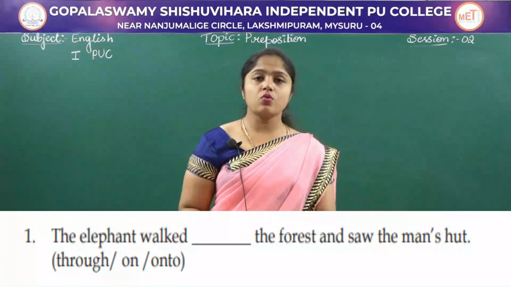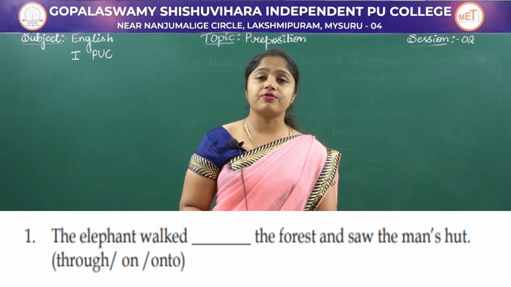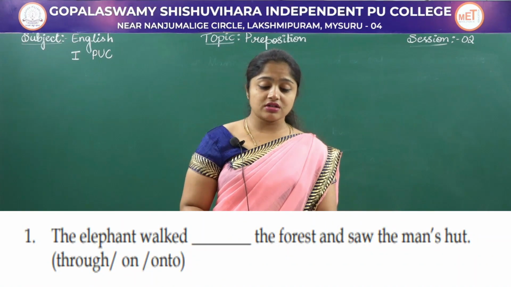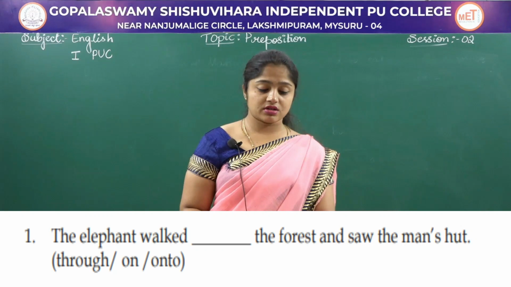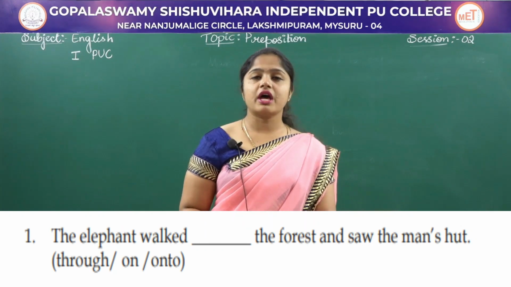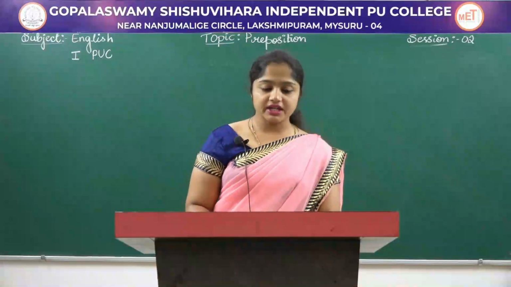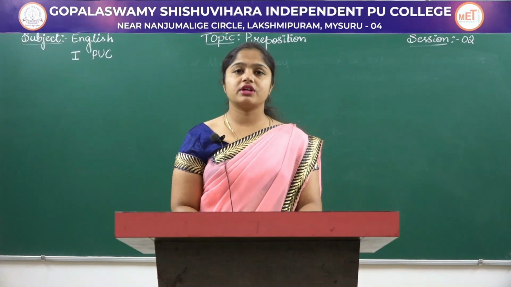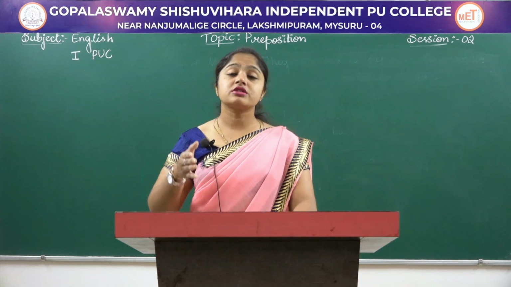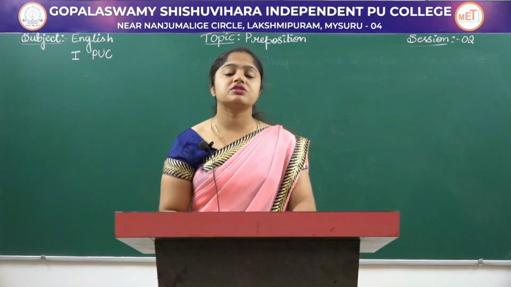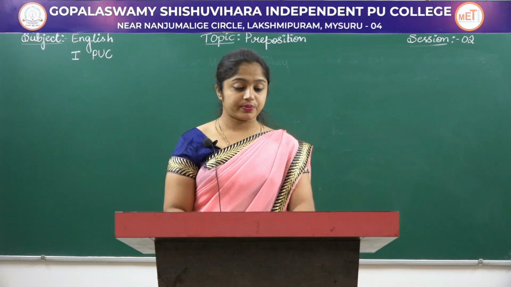The elephant walked dash the forest and saw the man's hut. There are three options: through, on and onto. The right answer is through the forest. So the elephant walked through the forest and reached the man's hut.